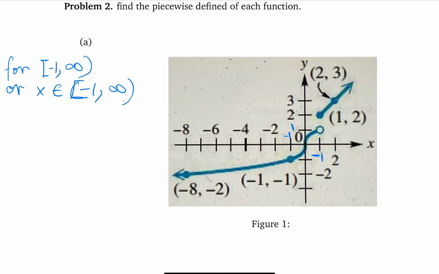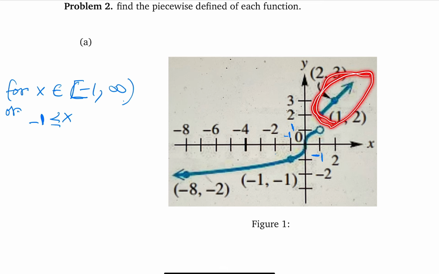Or you can write x is greater than or equal to -1. That's the meaning. This one is good, or this one is good. For x between -1 and infinity, it means only this one. We care about only this one.